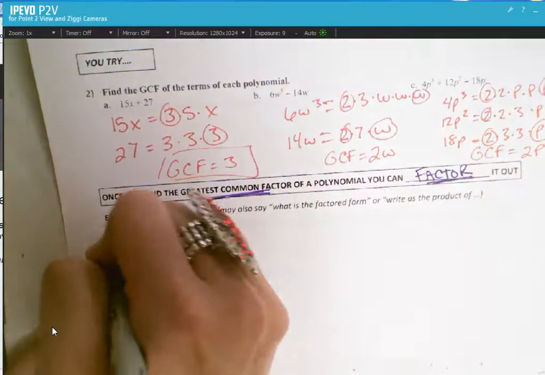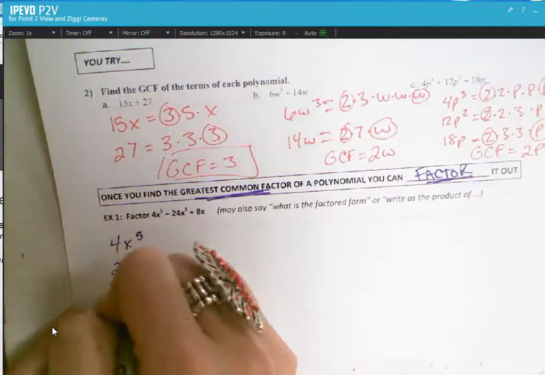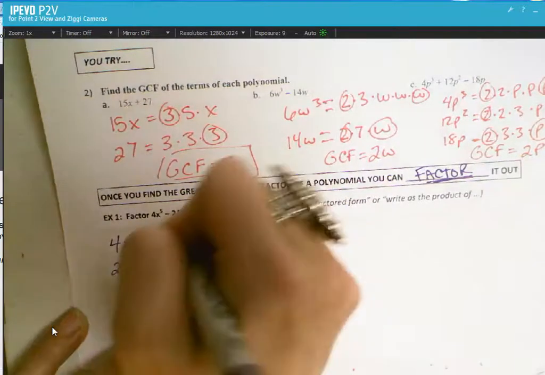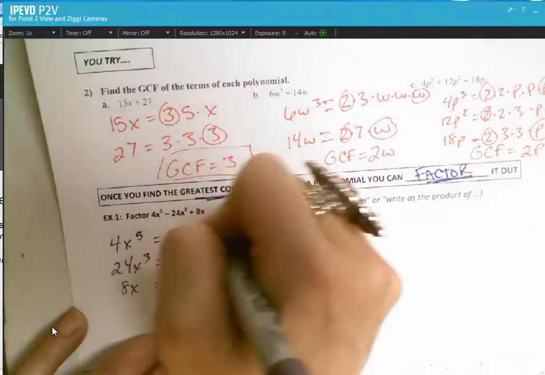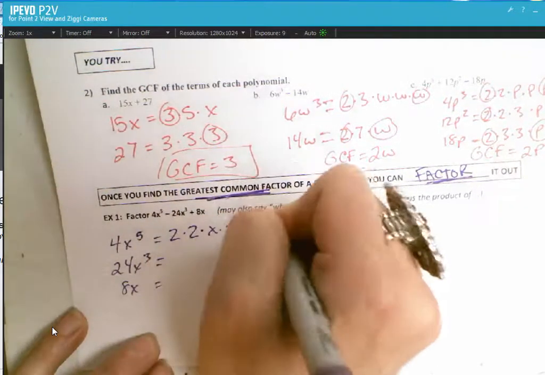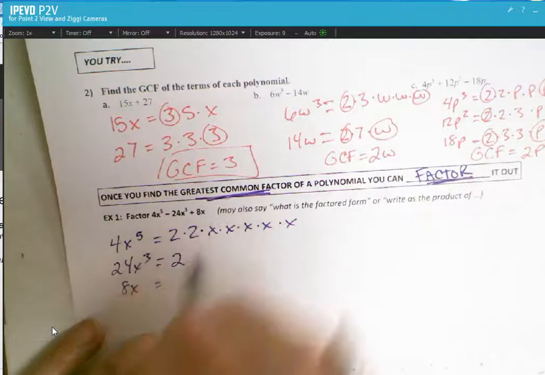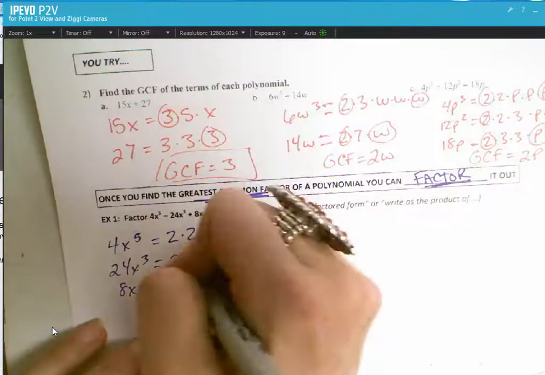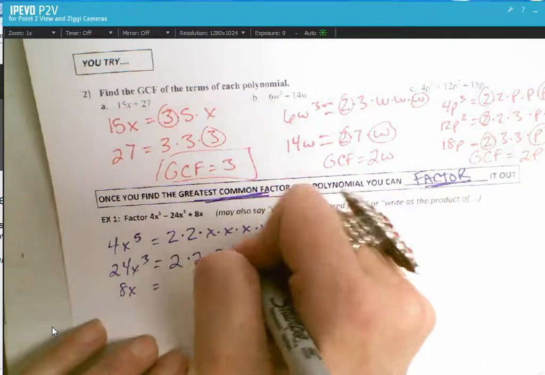We have 4x to the 5th, 24x to the 3rd, and 8x. Prime factorization of each of those, I get 2 times 2 times x times x times x times x times x. 1, 2, 3, 4, 5. 24. So it's 2 times 12, but 12 can be divided by 2. 2 times 6, but 6 can be divided by 2 times 3.